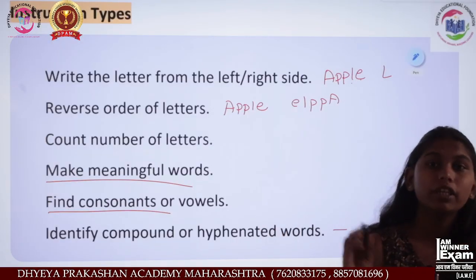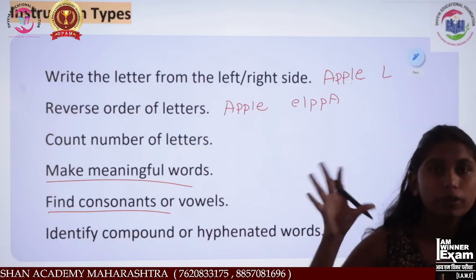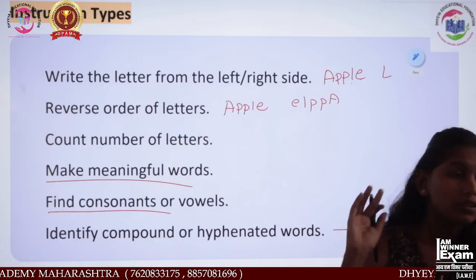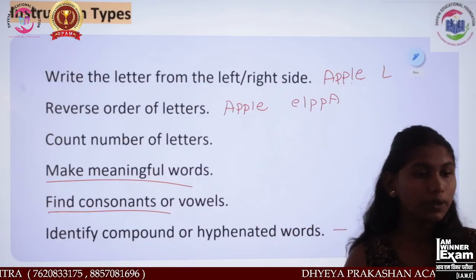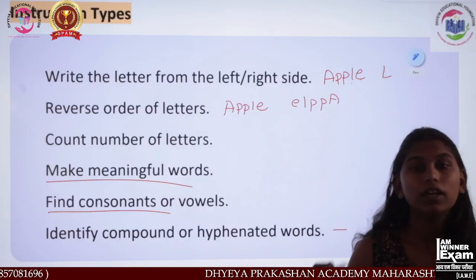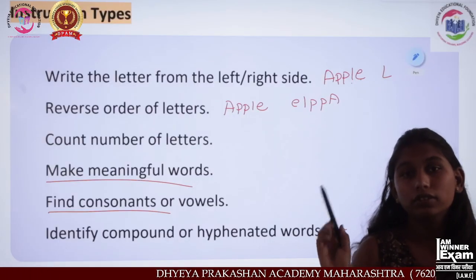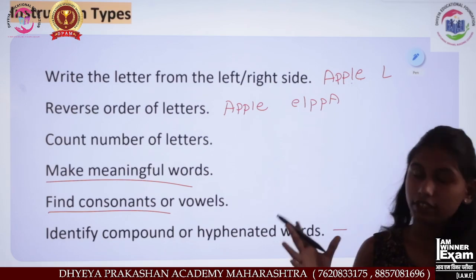Then make meaningful words, and then from the given letters or the given words we try to find some meaningful words. Okay. Then find consonants and vowels, then we find out which word contains consonants, which word contains vowels.